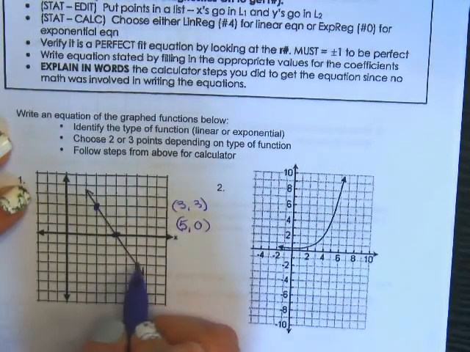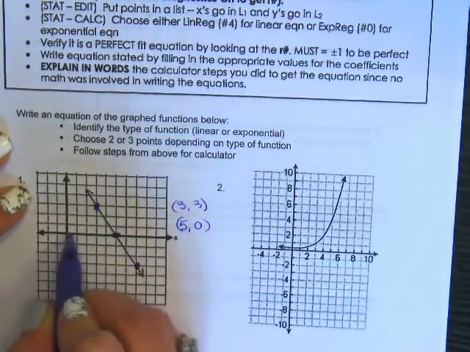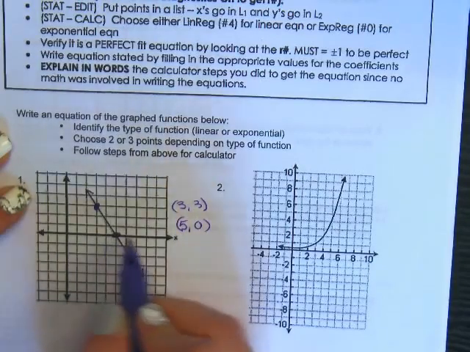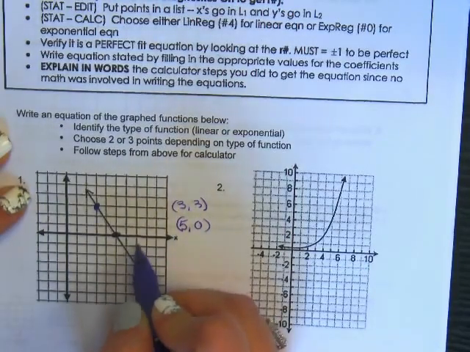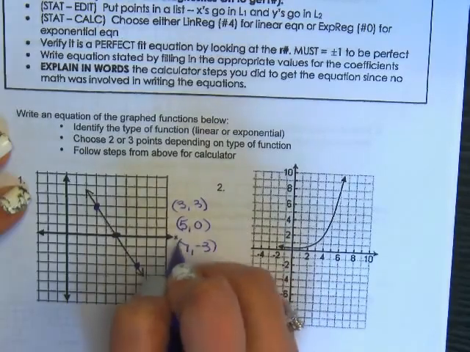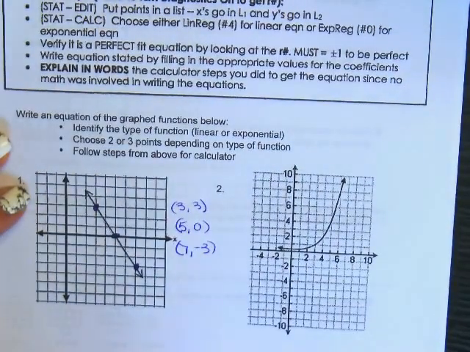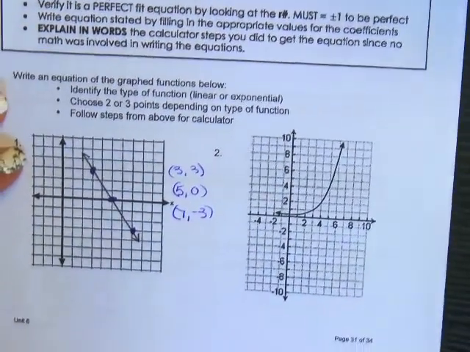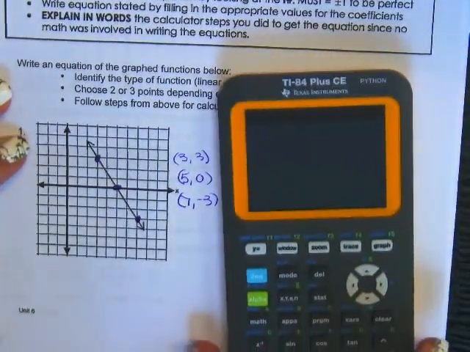Another point all the way over here is 7 to the right and 3 down, so that's (7, -3). I have enough points to figure out the equation of this line by using the calculator.